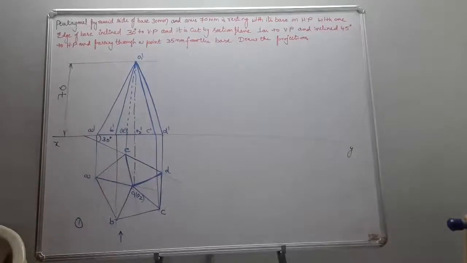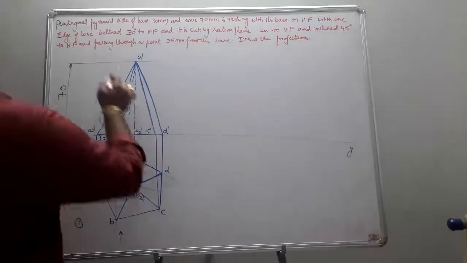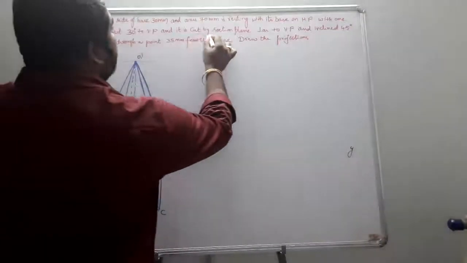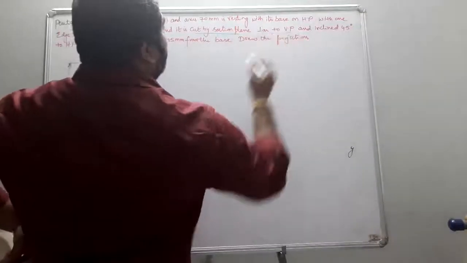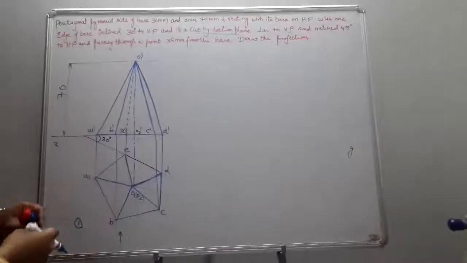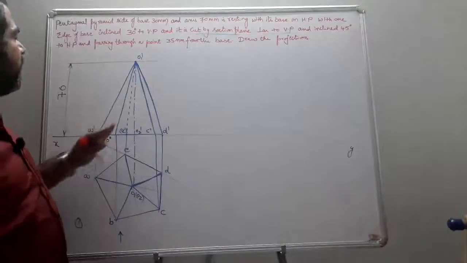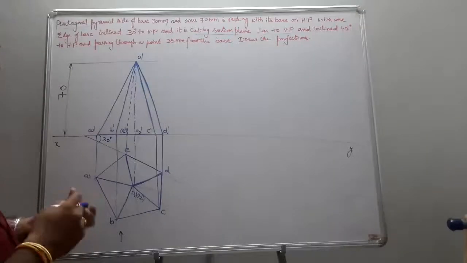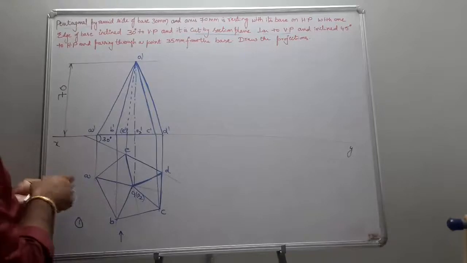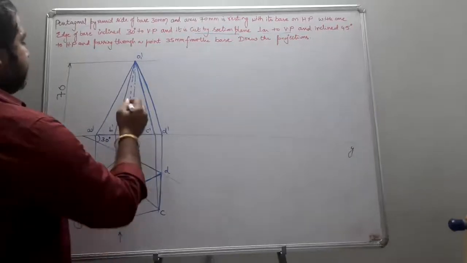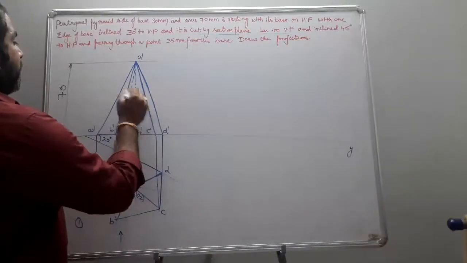Next one is your cutting plane. How is your cutting plane? It is cut by a section plane perpendicular to VP and inclined 45 degrees to the HP and passing through a point 35 mm from the base. So from the base, you just take the point at 35 mm, at the center, somewhere here.